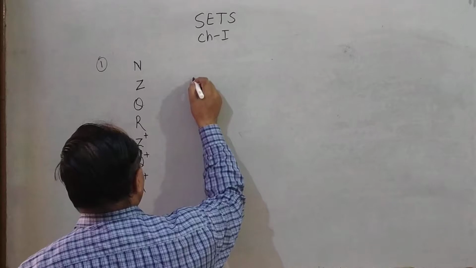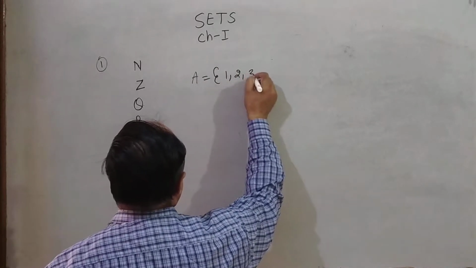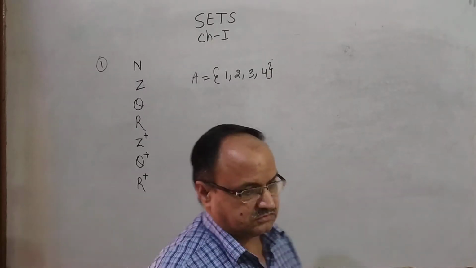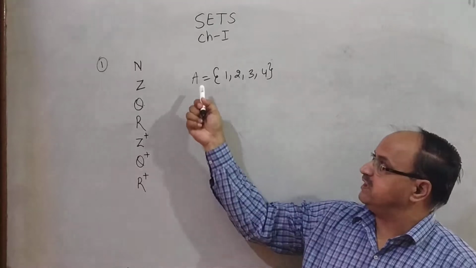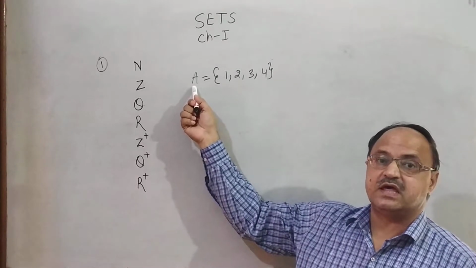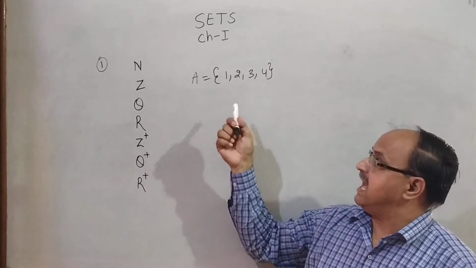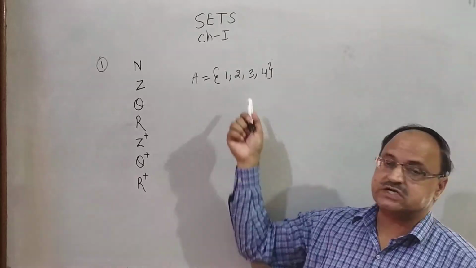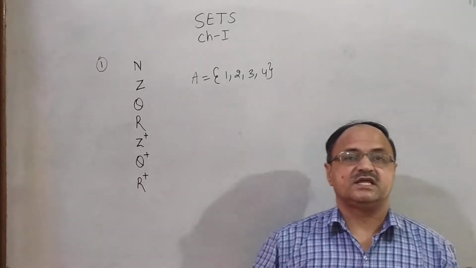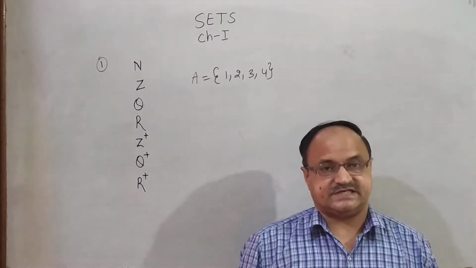For example, set A is equal to {1, 2, 3, 4}. Sets are generally denoted by capital letters, capital A, capital B, capital C, like this. And 1, 2, 3, 4 are called the elements of the set, or you can say members of the set, or objects of the set.